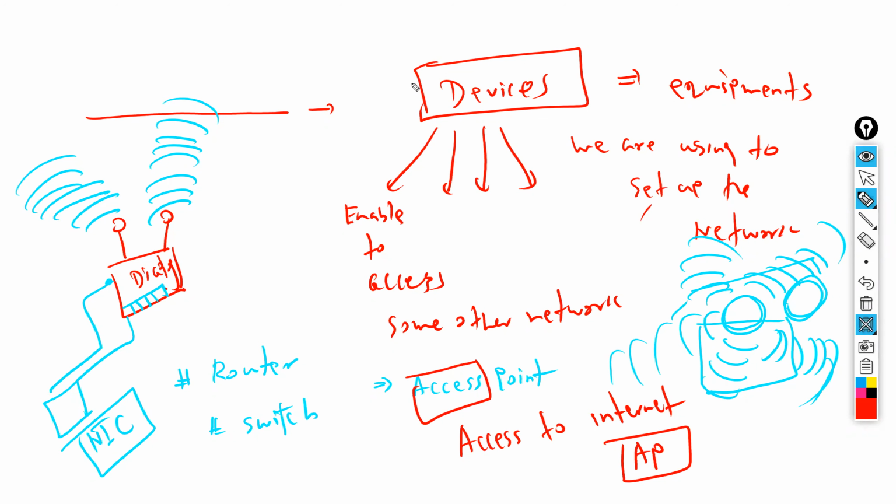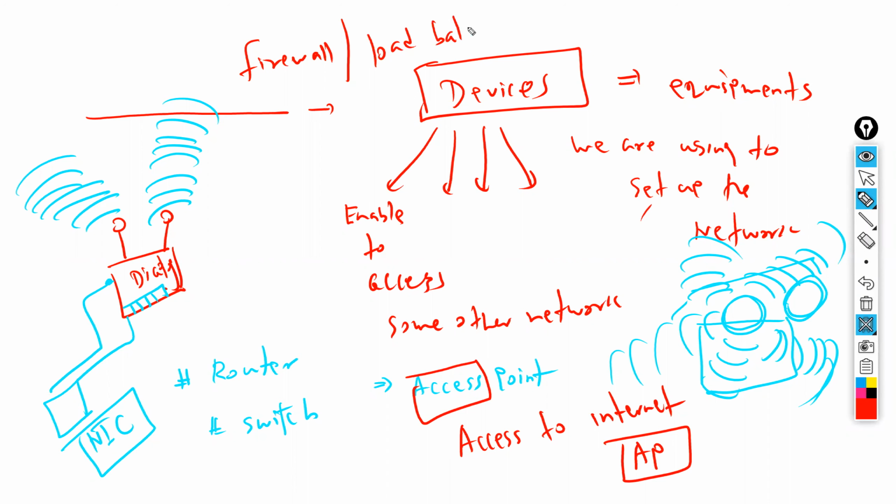Those are the well-known common networking devices: switches, routers, access points. Even at company or industrial level, we can say firewall, and we also have load balancing.